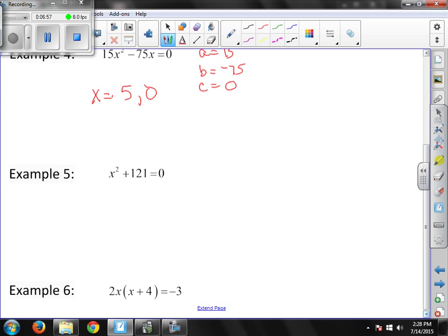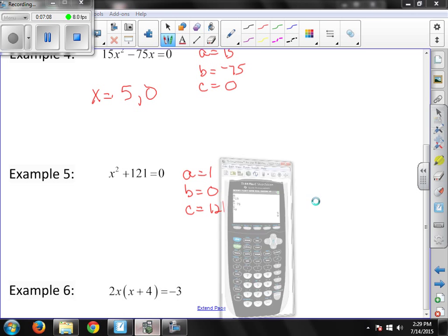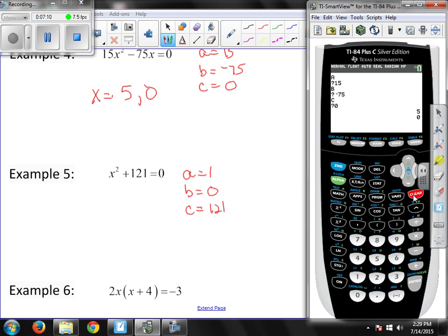Example 5. My A is 1, my B is missing this time, it's 0, and my C is 121. Let's do our program. Let's press enter one more time to get rid of this.